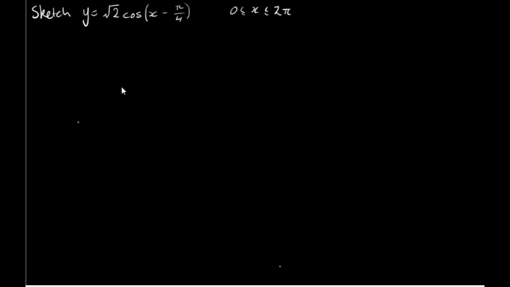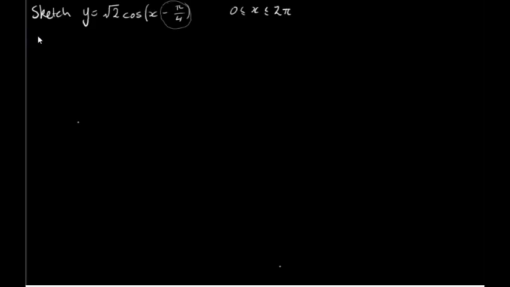So to start off with, we've got an equation y equals square root of 2 cos(x take pi on 4). And we want to eventually graph this function. Before we start off with anything else, looking at this bit here, this is what's going to make our horizontal translation.